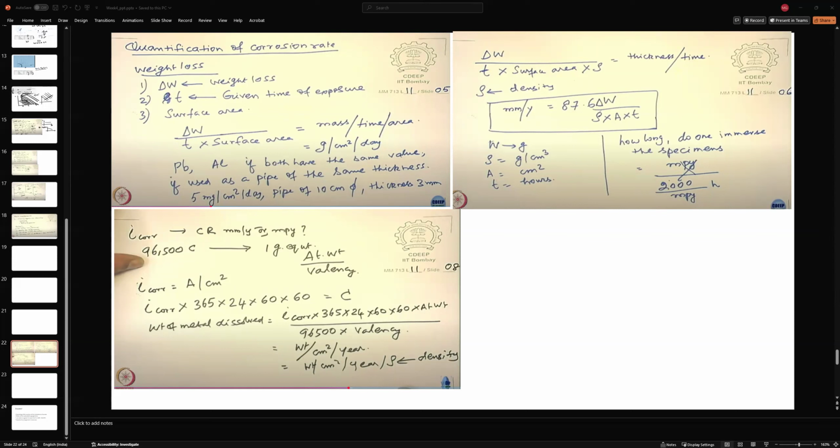Next question. Yeah, again, you have to apply the Nernst equation. Yeah, the next one is also simple. We just have to apply the Nernst equation and get the values of reduction potential.